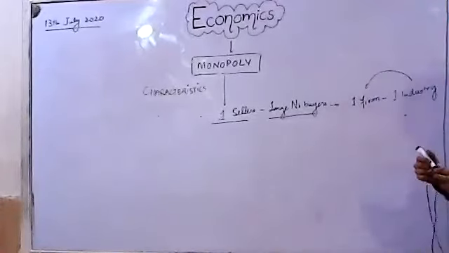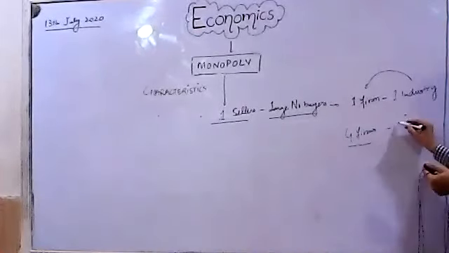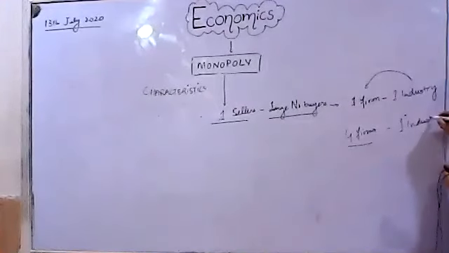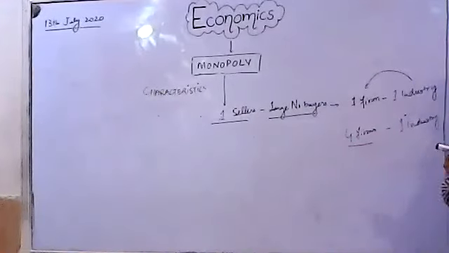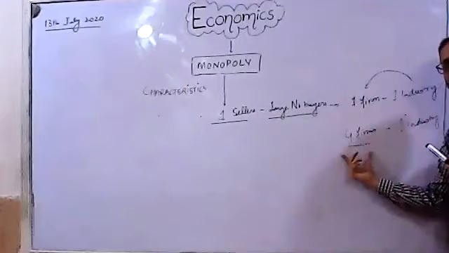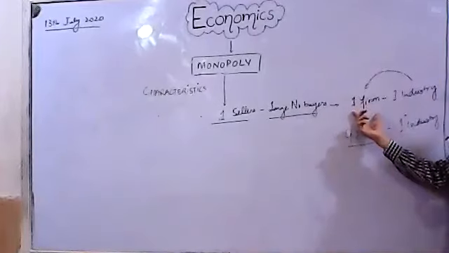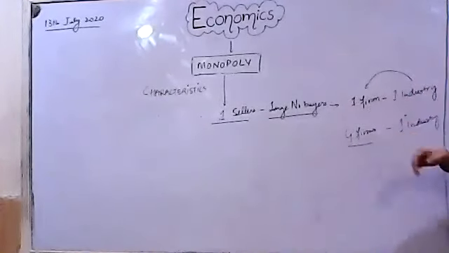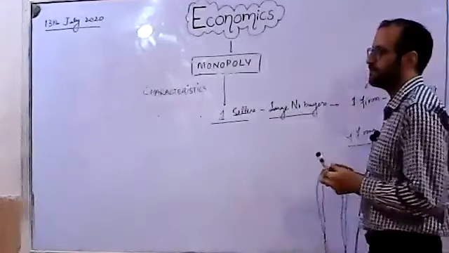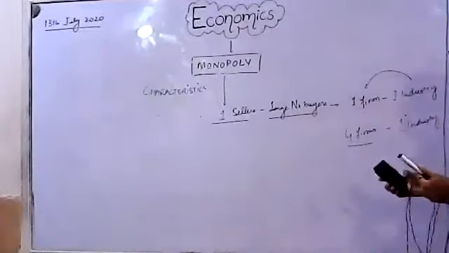If there are 4 firms in perfect competition, say selling vegetables, they are firms, but they cannot be known as an industry by themselves. But in monopoly, since there is only one firm, it is also known as the industry itself. So monopoly can be an industry itself, and it can be known as a firm together. This is one basic difference in terms of characteristics.